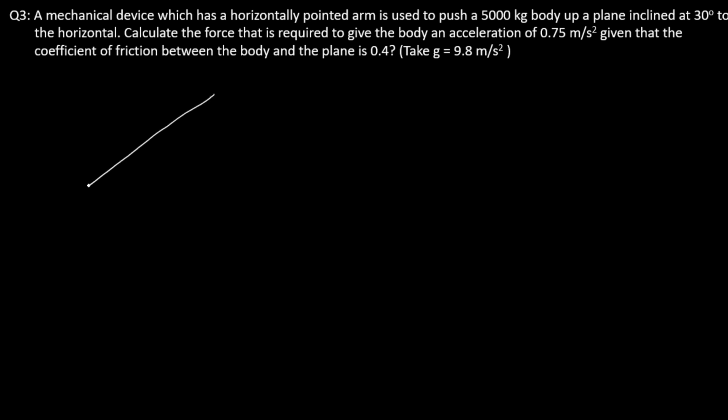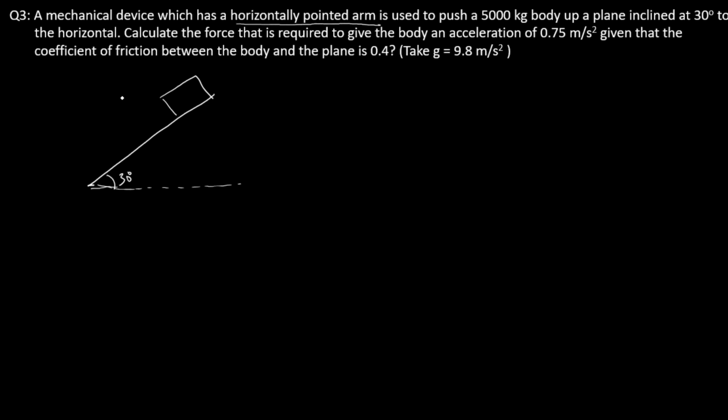So let's conceptualize the problem. It's supposed to be a straight line, okay? And then we have 30 degrees here. We have the body here. This is our 5,000 kg body. Now we are told that the device has an arm which points out horizontally.